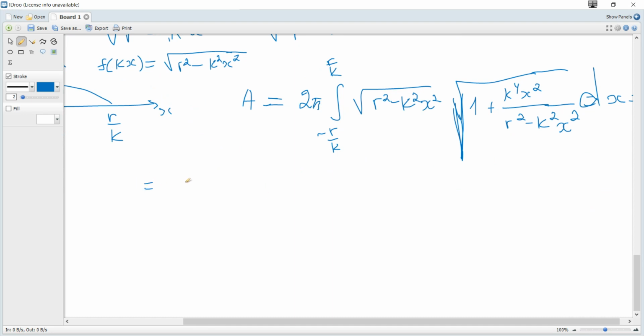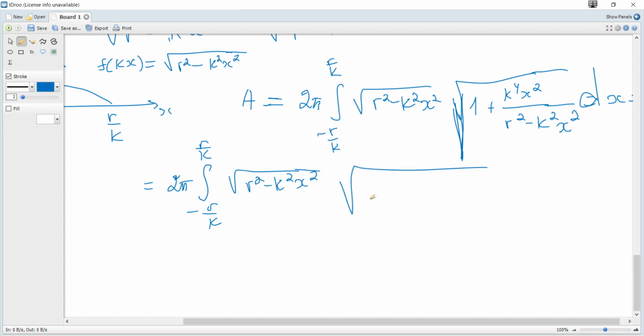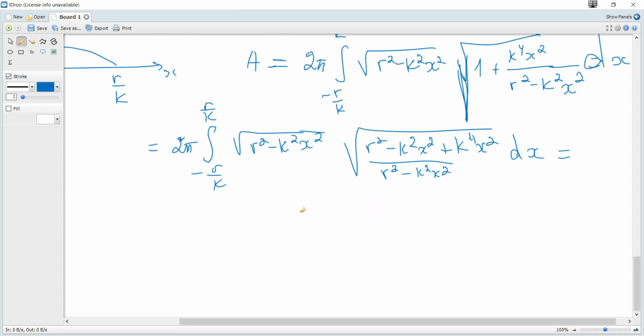And it becomes 2π integral of the square root, and again make a common denominator, so it becomes r squared minus k squared x squared times r squared minus k squared x squared, plus k to the power of 4 x squared, dx, and we can simplify it.